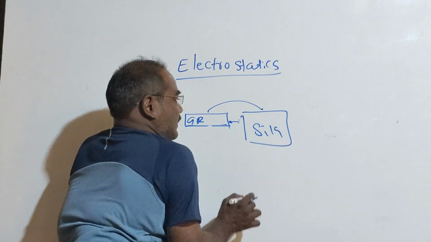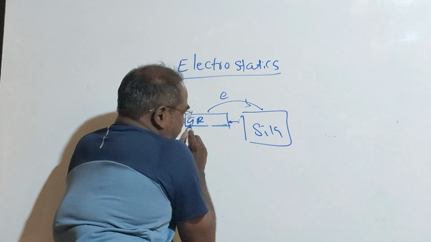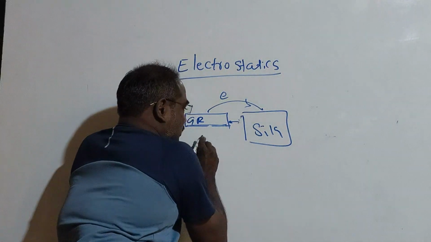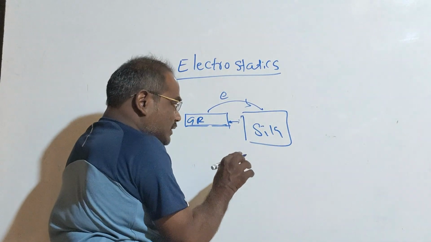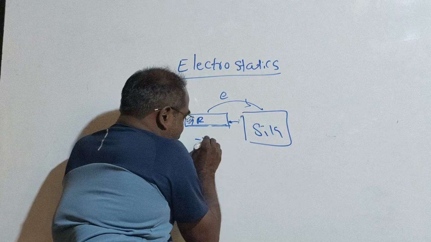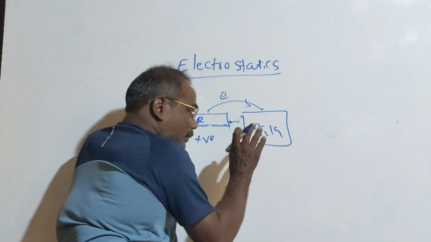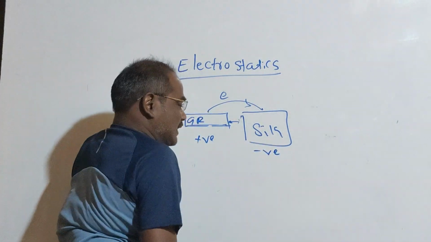If the electrons are transferring from glass rod to silk, then it is losing electrons. The material which loses the electrons becomes positively charged. The body or material which receives the electrons is negatively charged.